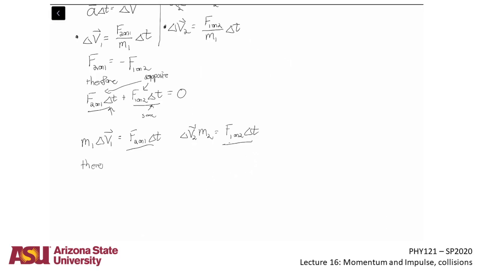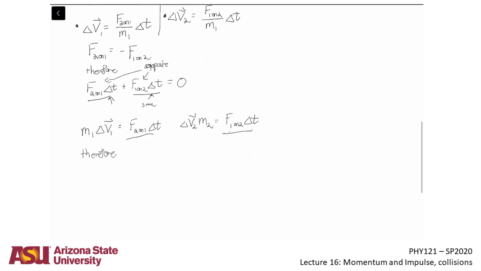Therefore, m1 delta v1 plus m2 delta v2 equals 0. Whenever you have something in physics where the sum of various things is equal to 0, you should sit up and take notice, because this isn't necessarily a conservation law, but it is useful and it usually means something deeper.